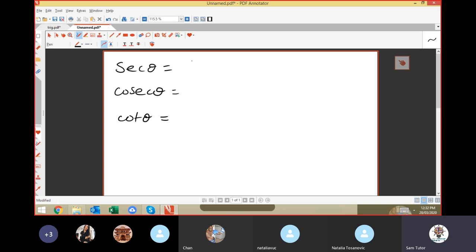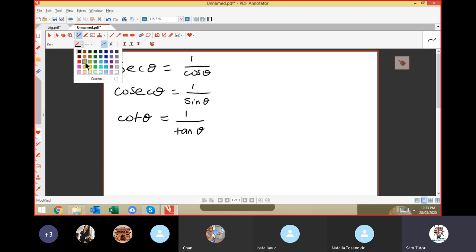Sec theta is 1 on cos theta. Cosec theta equals 1 on sine theta, and cot theta becomes 1 on tan theta. How will you remember this? It's not that hard. The third letter here must be the first letter here. Third letter, T, first letter is T.